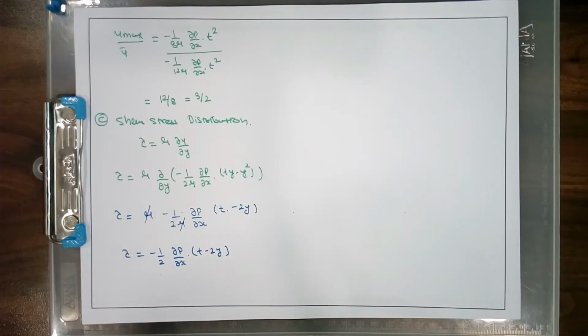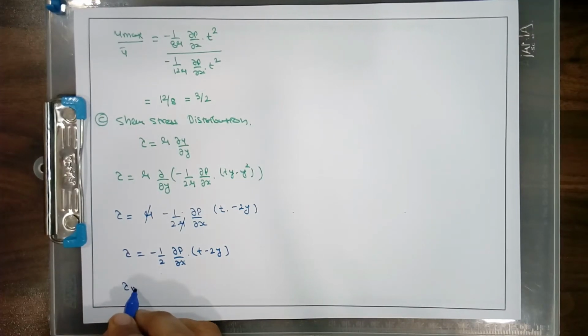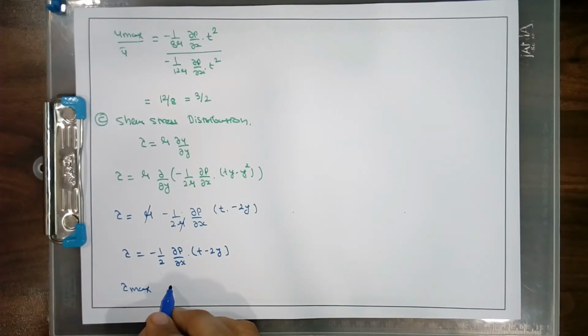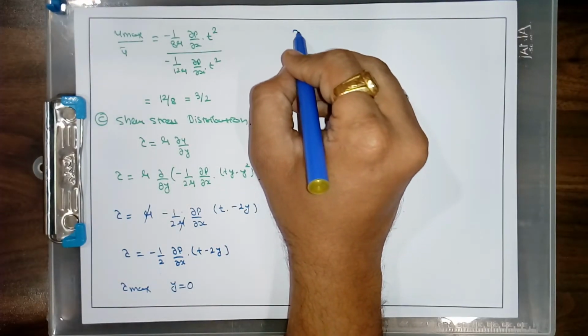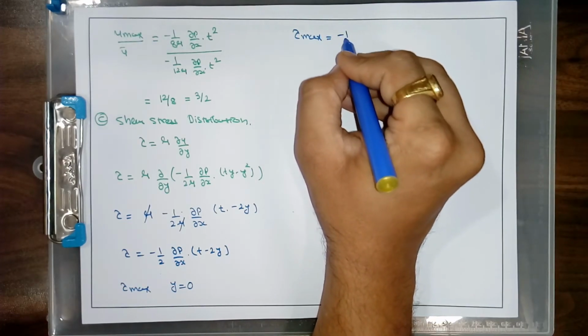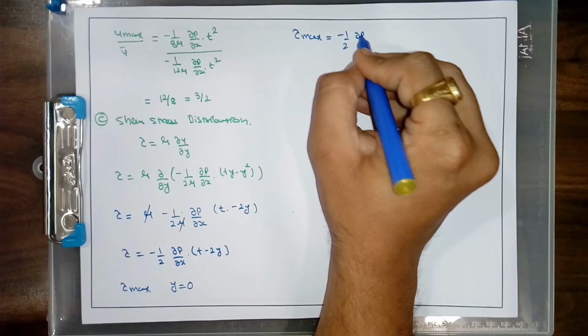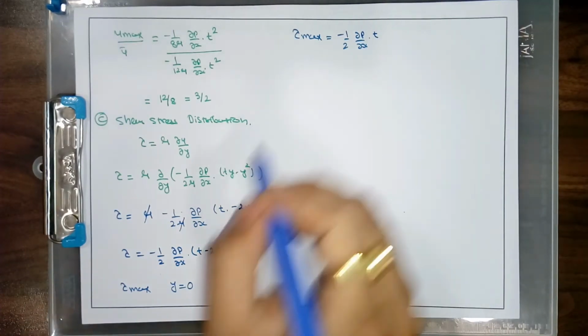Now we are going to calculate the minimum shear stress as well as the maximum shear stress. So shear stress becomes a maximum when the value of y becomes 0, meaning near the fixed plate. So when y equals 0, we get τ max. The value of τ max that we get is -1/2 ∂p/∂x into (t − 0), so t.